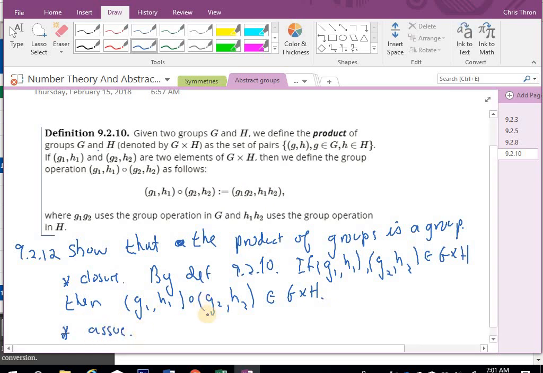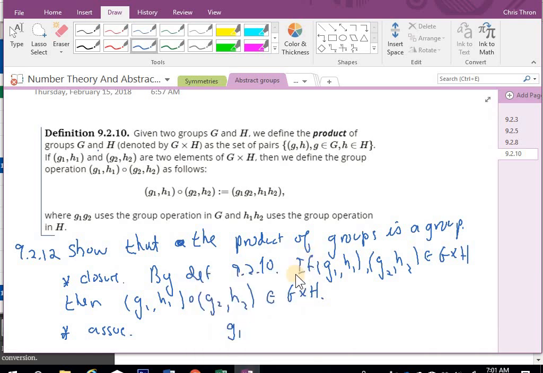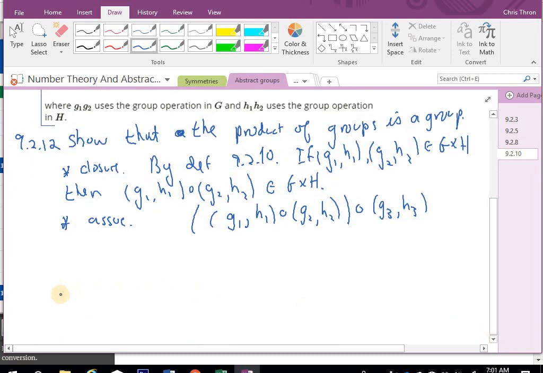Then you have the associative property. Write down what that means. If you take (g1, h1) circle (g2, h2), circle (g3, h3). Okay. Now what's that equal to?